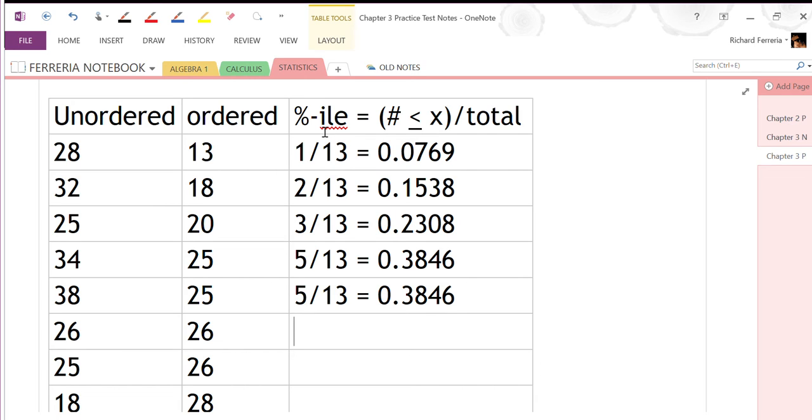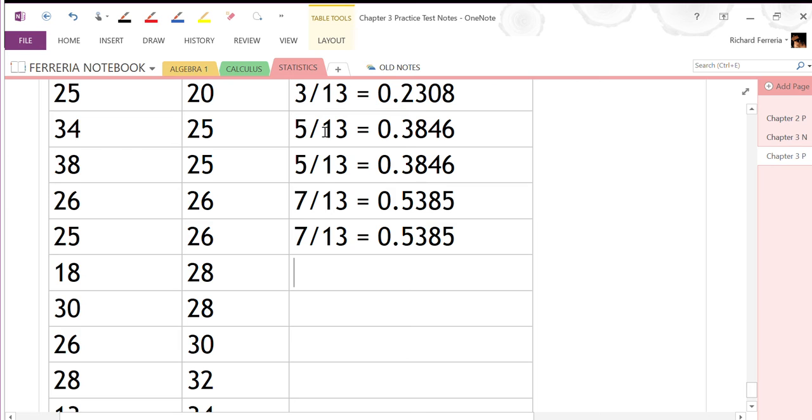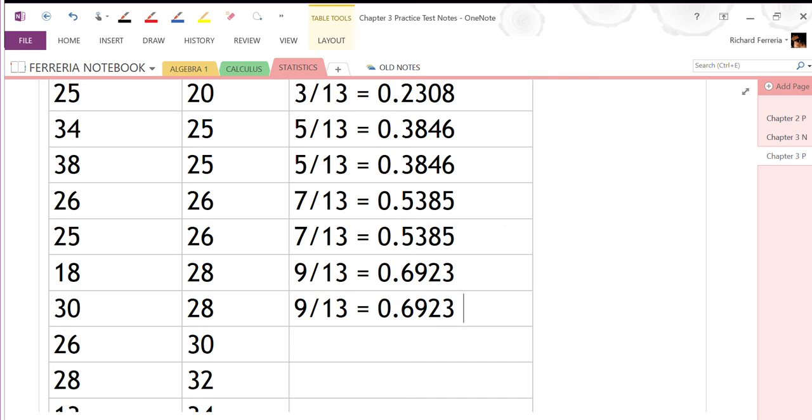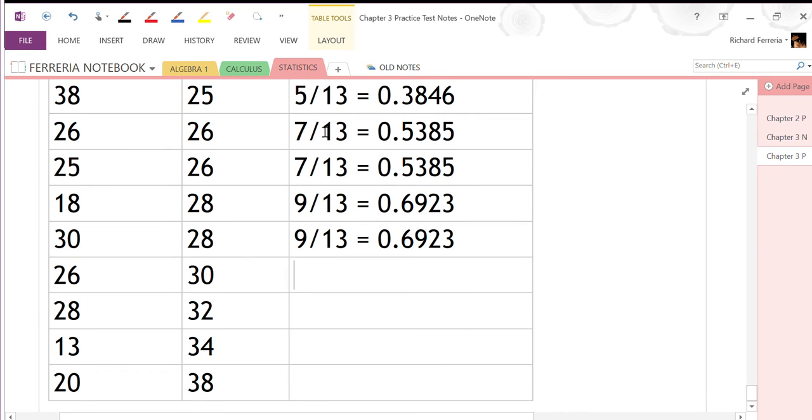How many of the toe angles are less than or equal to 26? 7, right? 7 out of 13. And this one's 7 out of 13 too. How many toe angles are less than or equal to 28? 9. This is still 9. How many toe angles are less than or equal to 30? 10. So 10 out of 13.